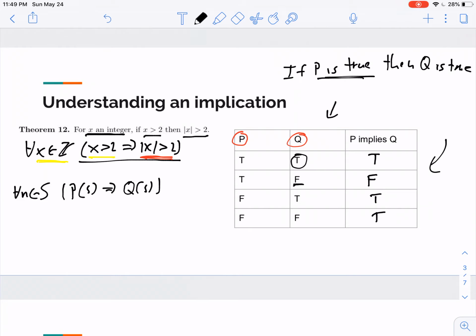This is usually what we mean when we say this implies that for everything in this set. To relate this to theorem 12, S is the set of integers, P of n is n greater than 2, and Q of n is the absolute value of n greater than 2.